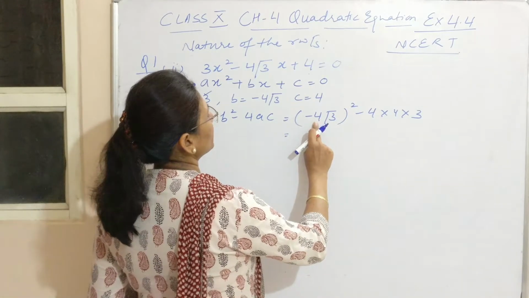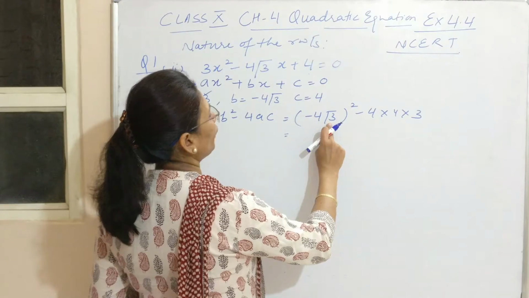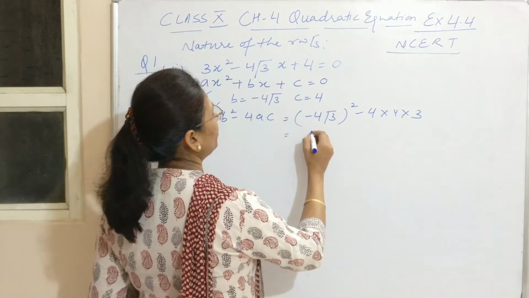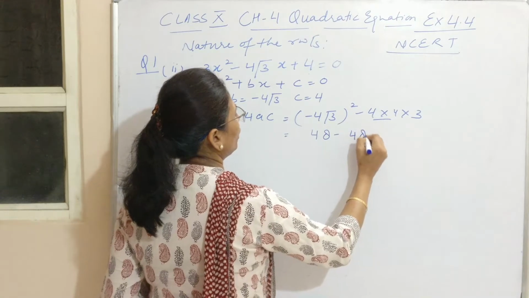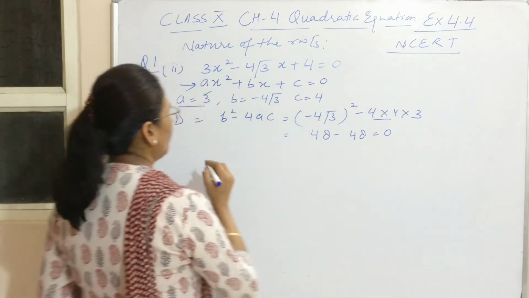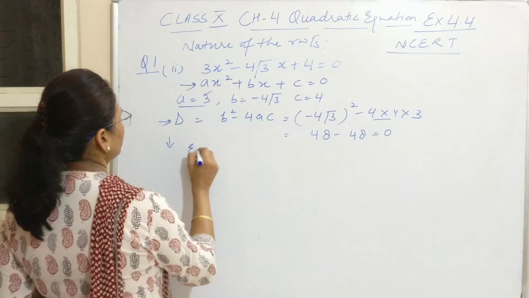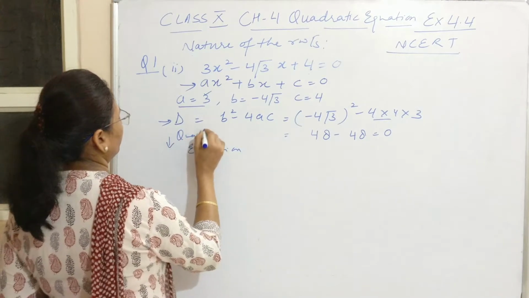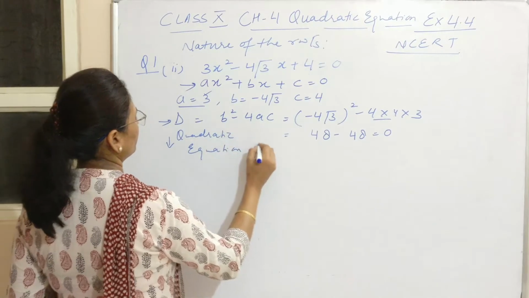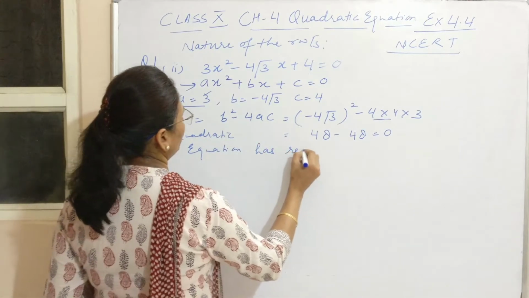Here 4 4s are 16, 16 into 3 is 48, minus square is going to be plus. So this is 48, and if you proceed further, this is also 48. So this comes out to be 0, which means the quadratic equation has real roots.